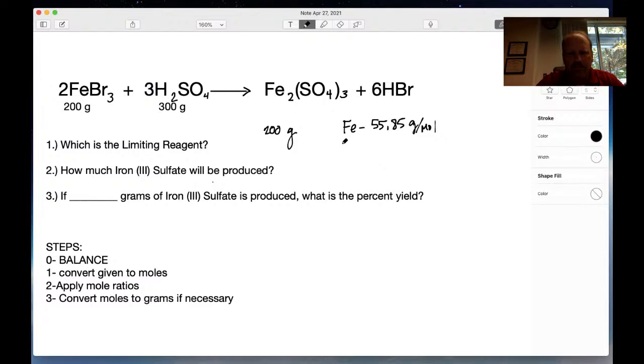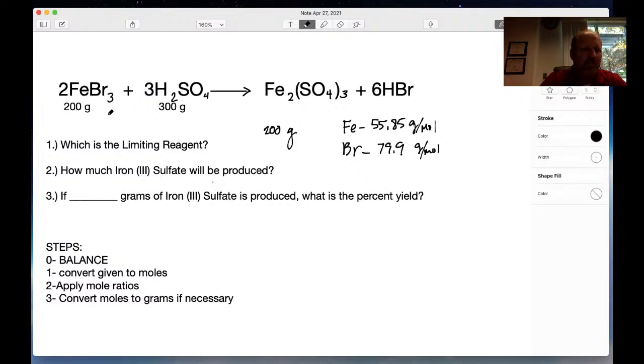Okay, so Br has a molar mass of 79.9. Sorry about that, not 7.9. 79.9 per mole. And there are 3 of those, so 3 times 80 is 240, plus 55 is 295.85.